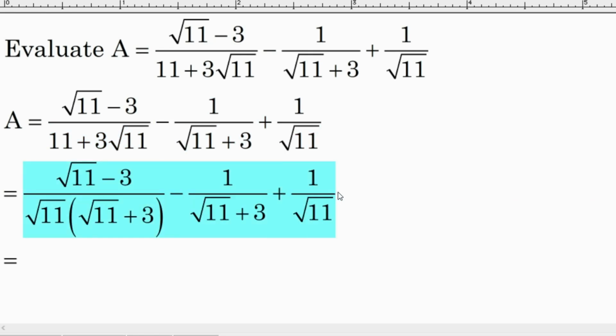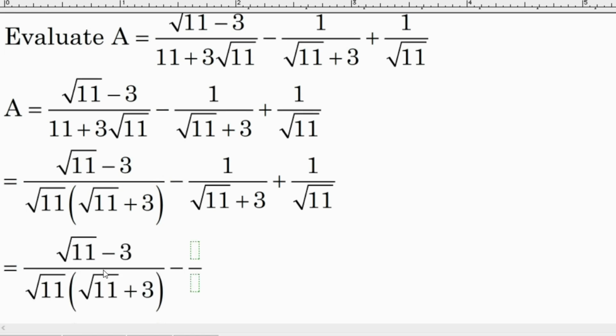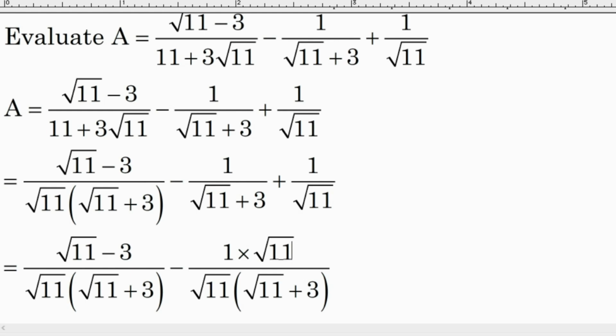Now I have to make the common denominator of each fraction. The first fraction we just keep the same, so we don't have to do anything with it. Then the second fraction, 1 over square root of 11 plus 3, we need to multiply by square root of 11 in order to have the same common denominator, and the 1 has to be multiplied by square root of 11 as well.